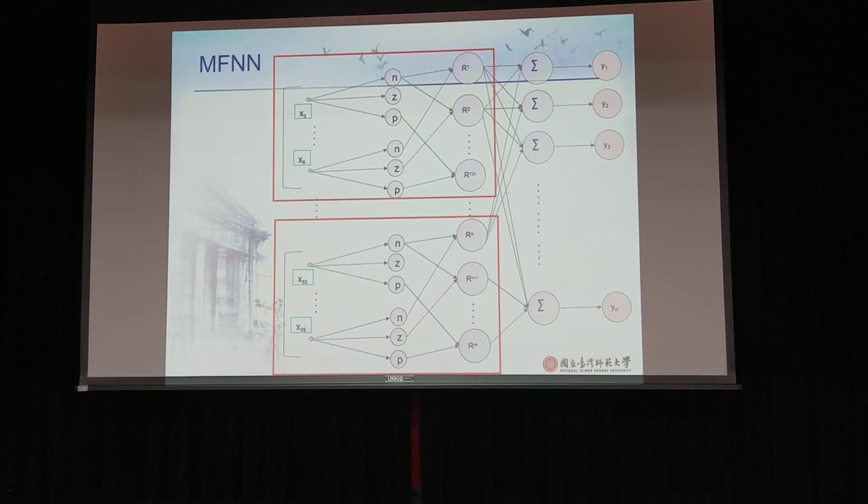It achieves a hierarchical learning architecture by splitting into several fuzzy blocks before fuzzification. By merging 6 inputs in one fuzzy block, we can reduce the parameters in the rule layer from 3 to the power of 36 to 3 to the power of 6 times.